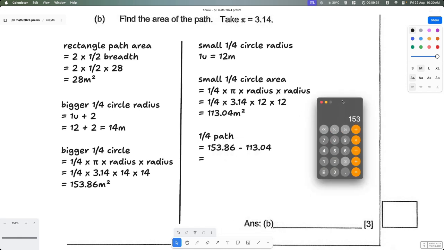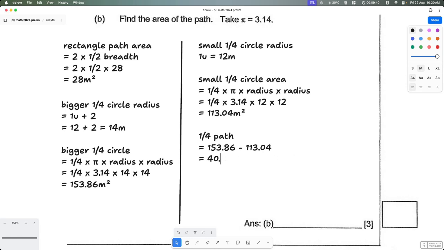So 153.86 minus 113.04. Okay, and this is equal to 40.82.